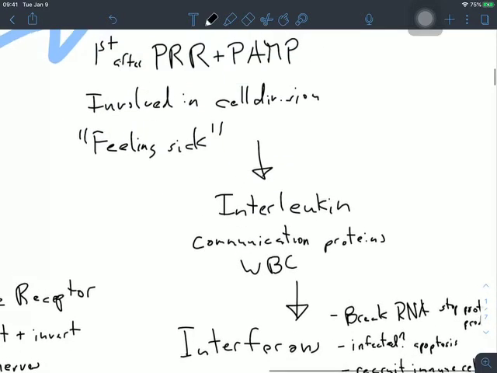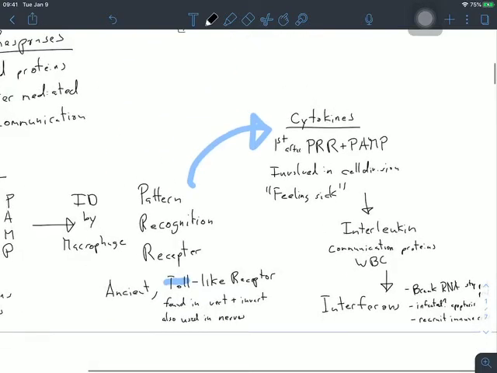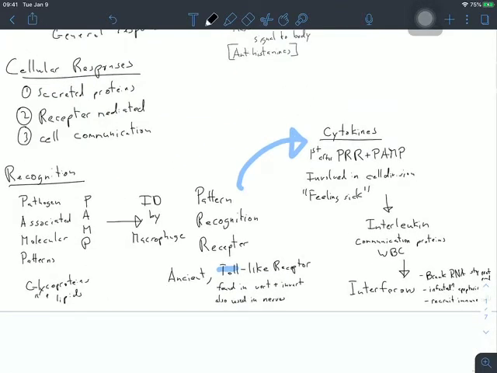And in this way, this very long drawn out pathway of a PAMP binding to a PRR on a macrophage will cause the secretion of cytokines. These cytokines will then cause you to feel sick and slow down. Interleukins are a class of cytokines that communicate to white blood cells across the body which ones need to come in and attack.